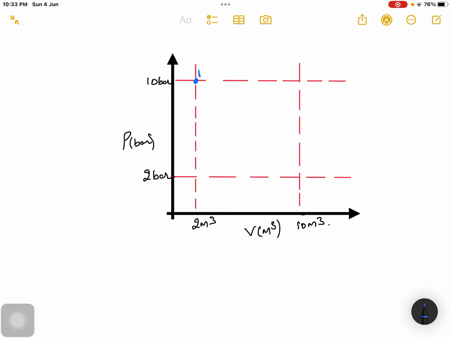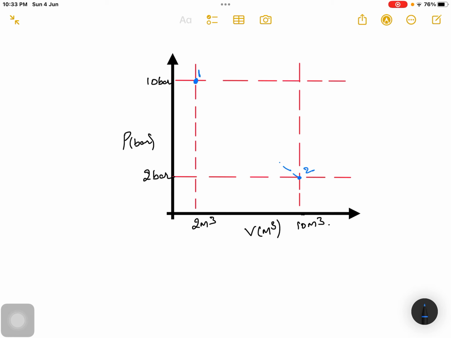state 1, before removing the sugar crystal packet. When it comes to state 2, I don't know how much the pressure is. I don't know the actual pressure.